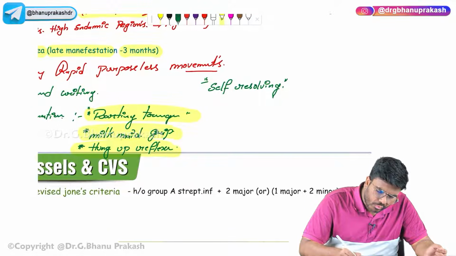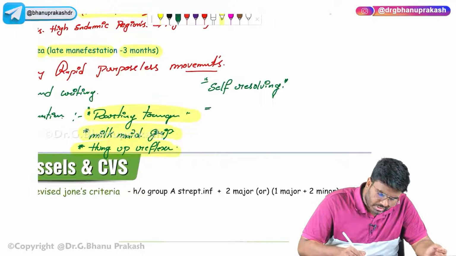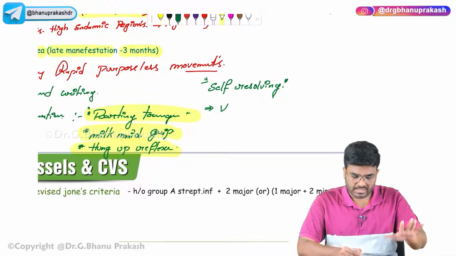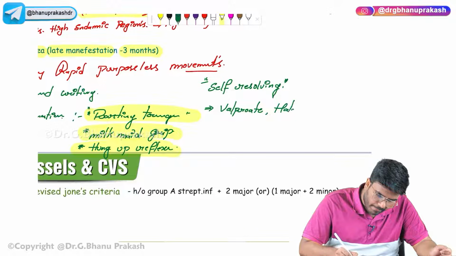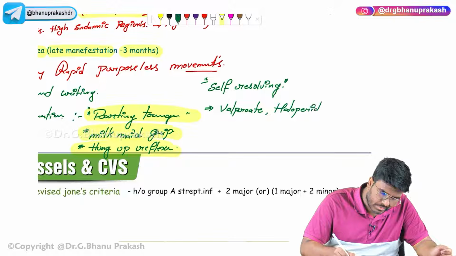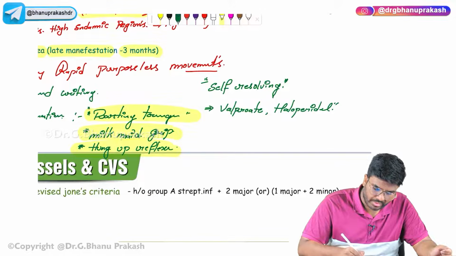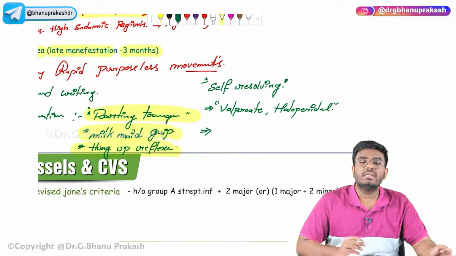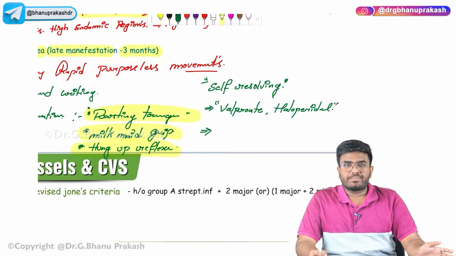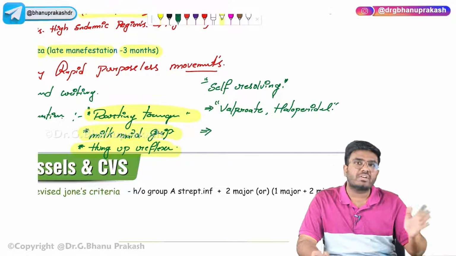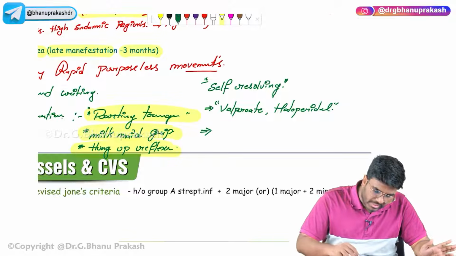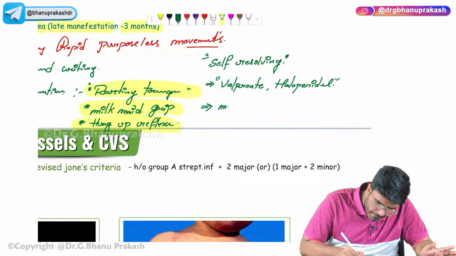If you want to use drugs, you can use CNS depressants like valproate, haloperidol, phenobarbital. If even after 6 months the chorea is not going away, it's not self-resolving, even with the usage of drugs, then it is called medically refractory chorea.